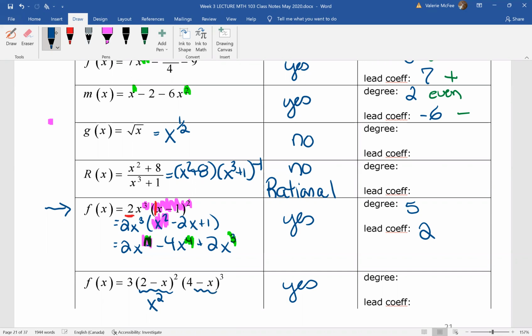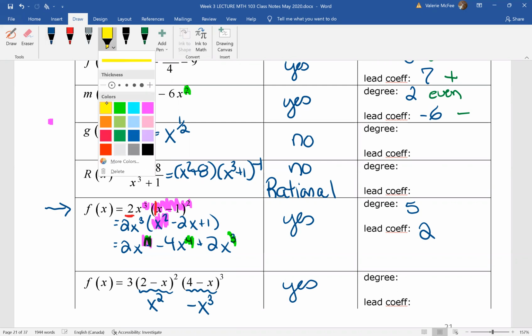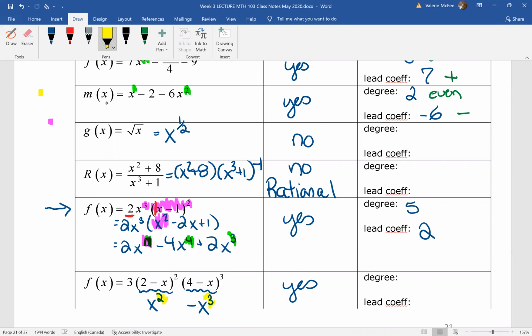When I open this bracket, I'm going to have a negative x cubed as the highest power of x. When we multiply the x squared and the x cubed, it gives me my degree of 5. When I'm looking for the leading coefficient, I see that I'm multiplying 3 times 1 times -1 to give me a -3 as the leading coefficient.